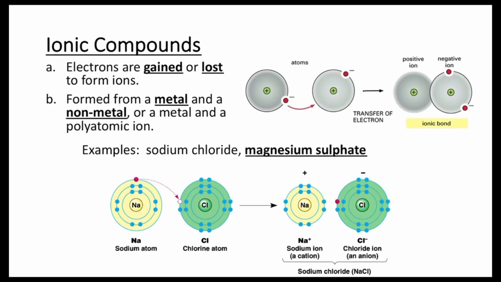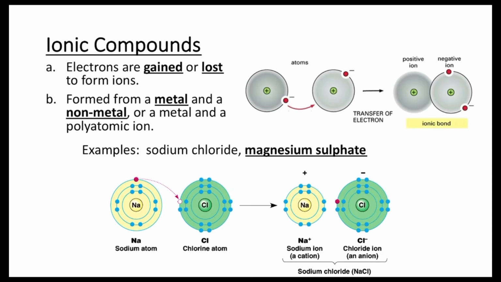Examples include sodium chloride. You can see here in the outer ring, again, sodium has 1 valence electron, making it highly reactive. It wants to give that up to become stable. Chlorine, which is a halogen, has 7 valence electrons. It wants to gain 1 to become stable as well. So sodium gives up its electron, becoming a positive ion, which is a cation, and then chlorine gains an electron, making it an anion.